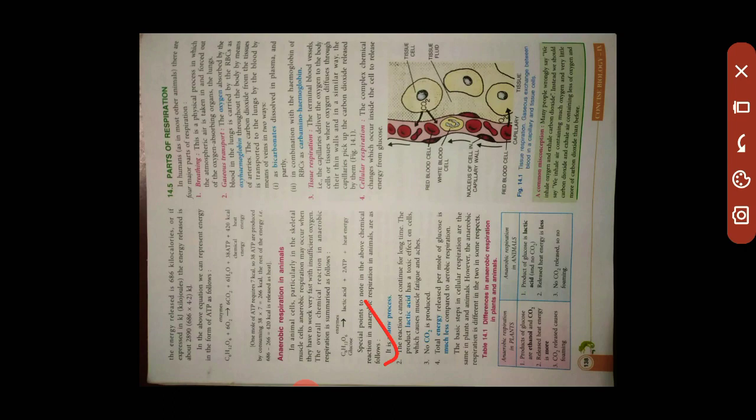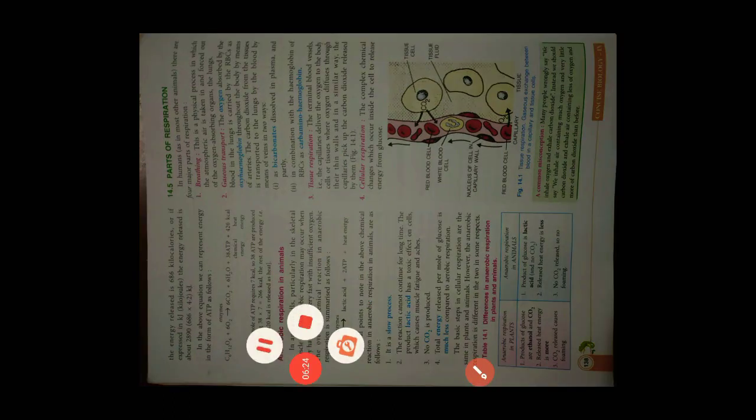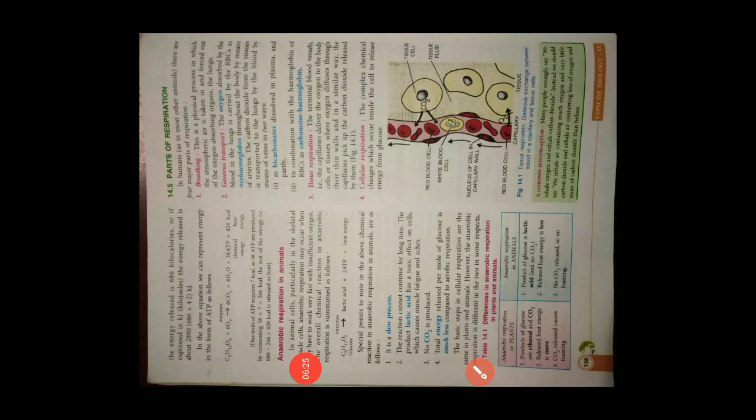No CO2 is produced. The total energy released per molecule of glucose is much less compared to aerobic respiration. Here it is also given the difference between anaerobic respiration in plants and animals: in plants, ethanol and carbon dioxide, and in animals only lactic acid is produced.